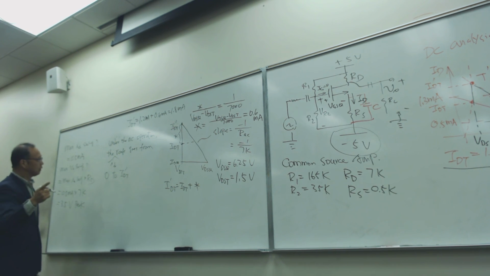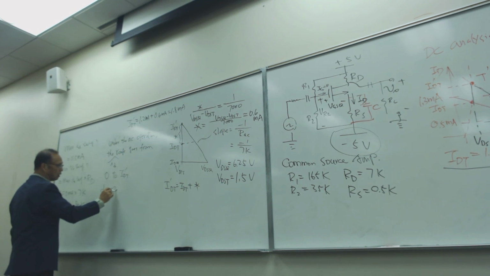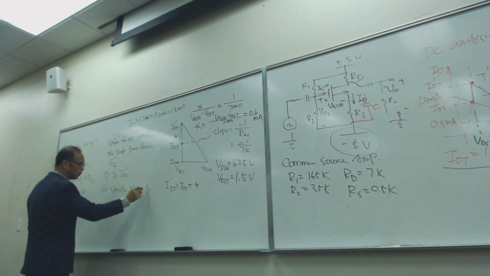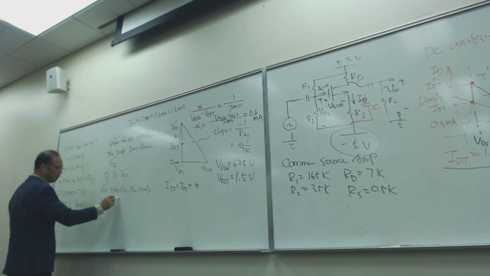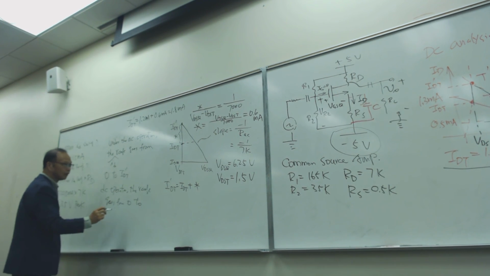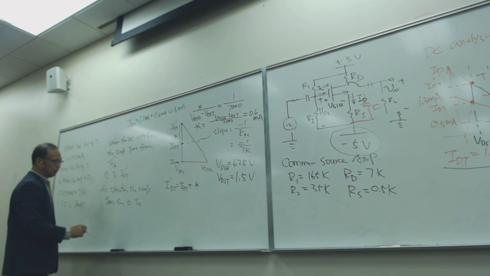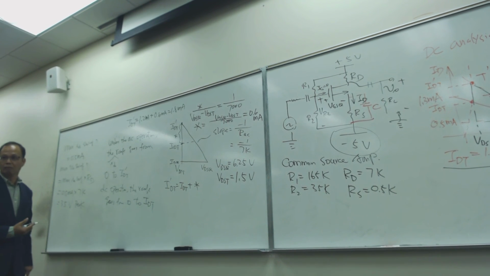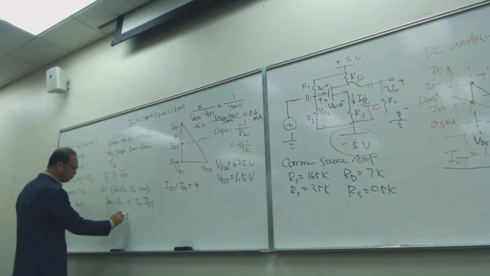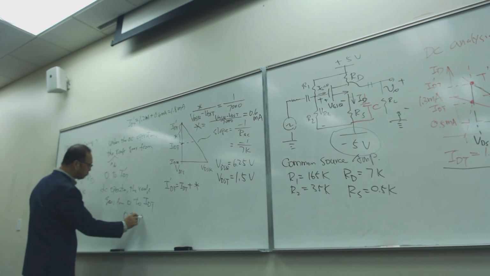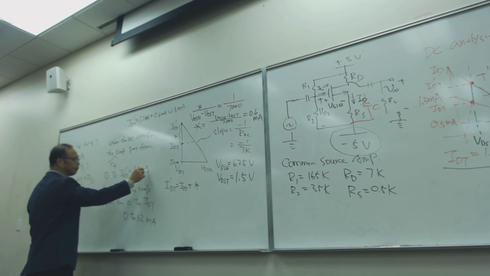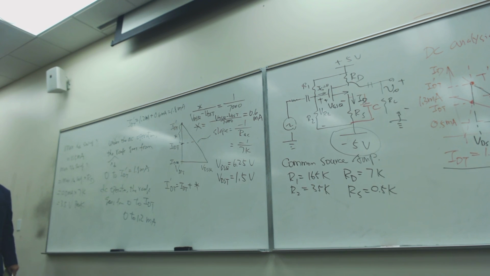Under the DC condition, if you have DC operation, the range goes from 0 to IDT, which is 0 to 1.2 milliamp. And this one is 1.8 milliamp. So you get a larger range.